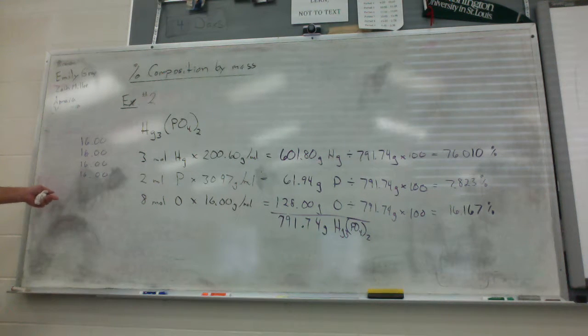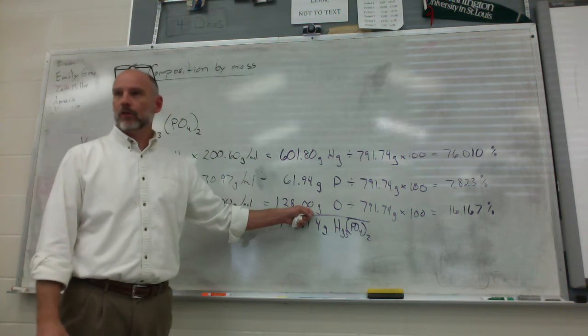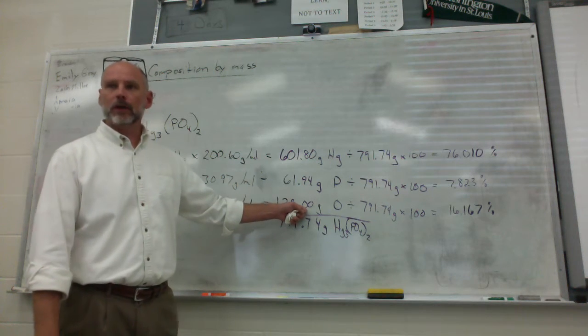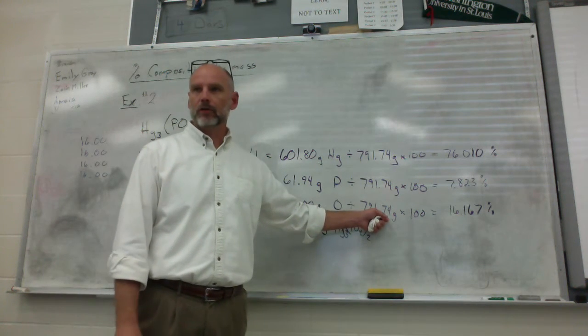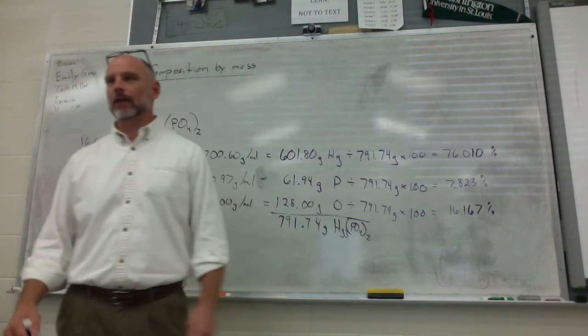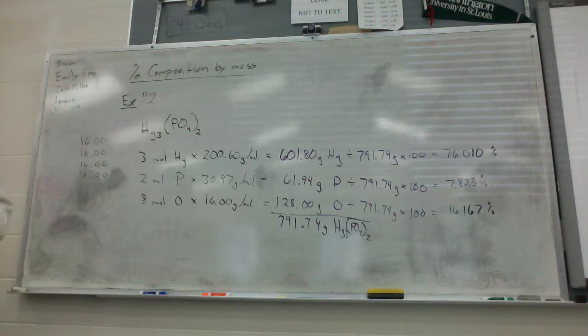I can put all 8 of them up there. But you see where I'm going with this? Since we're adding all of these numbers that are to the hundredths place, my answer has to be to the hundredths place. There it is, which now has 5 significant figures. Multiply by another number that has 5 significant figures, 5 significant figures, my answer. Kind of cascades, doesn't it? It all matters.